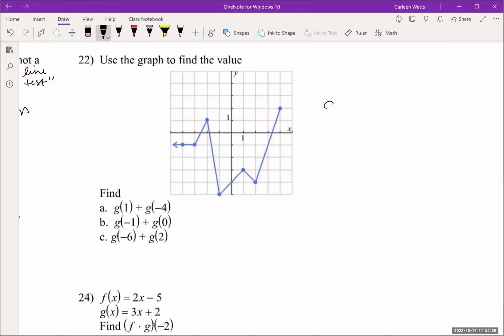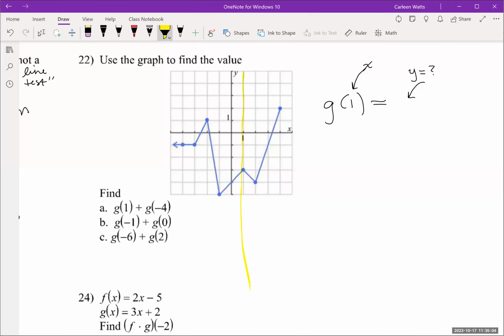So I want G of 1, right? That's how you say that. G of 1. That means if 1 is the X, what is the Y value? So let's find X equals 1.